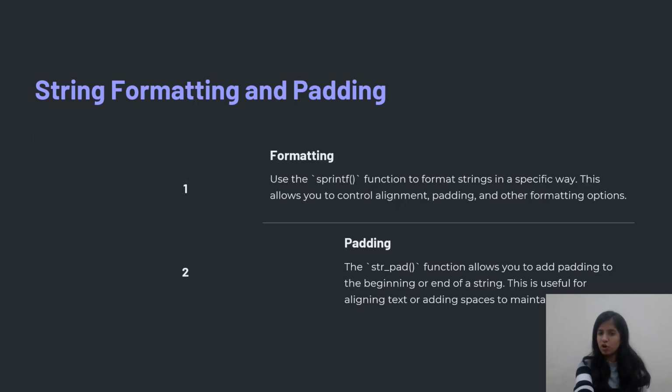formatting. We can format the string, use this printf bracket function to format string in a specific way. This allows you to control alignment, padding, and other formatting options. We have the string, like I have written the paragraph, and I need to format that. So for that, I need not waste my time in formatting, padding, and alignment.